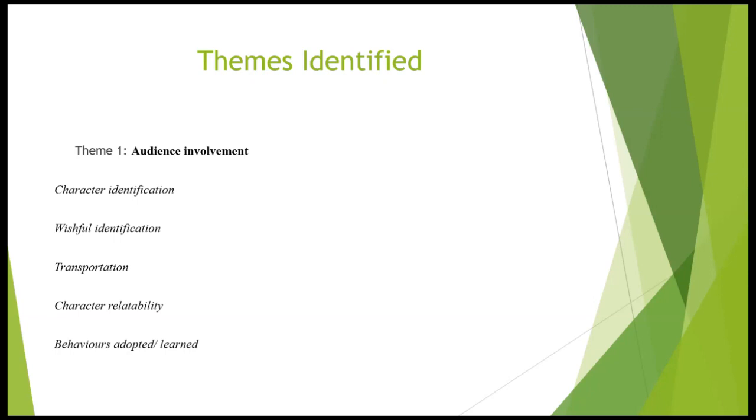Visual identification is where they wanted to be like the character. One participant mentioned a scene where Massimo, the character, was trying different sexual positions in his intimacy, and they wanted to do the same.